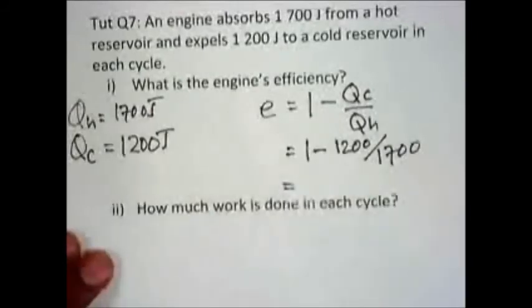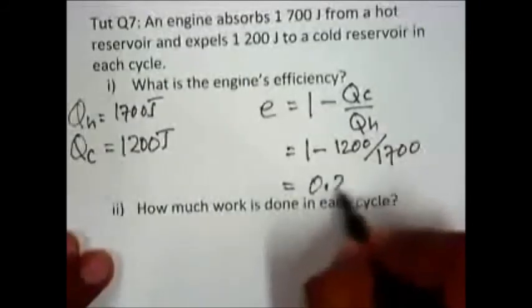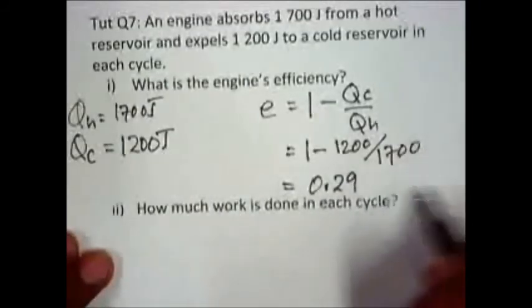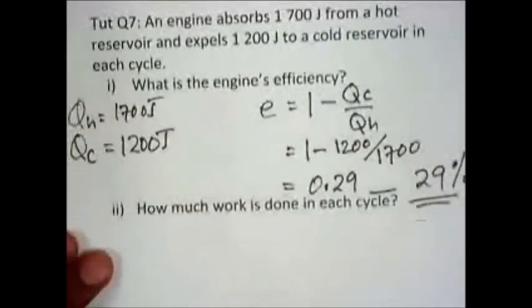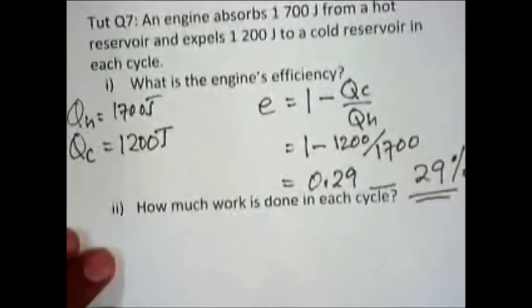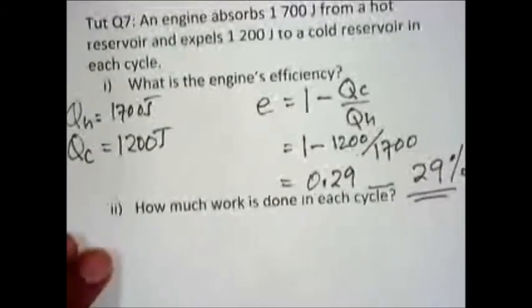Okay, you get about 0.29. Okay, in percentage it becomes, multiply by 100, becomes 29%. So 29% of the input energy is converted to work, right? Whereas the other 71% becomes discarded.